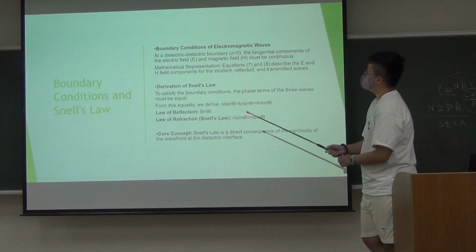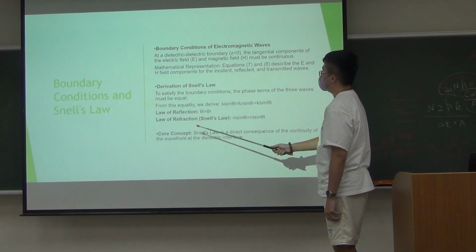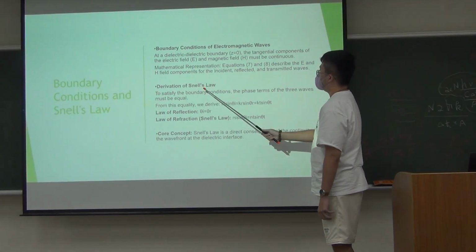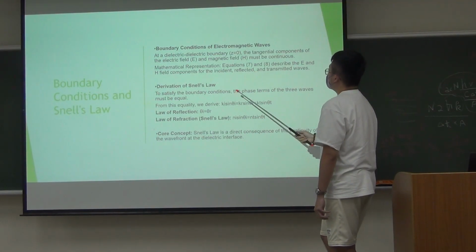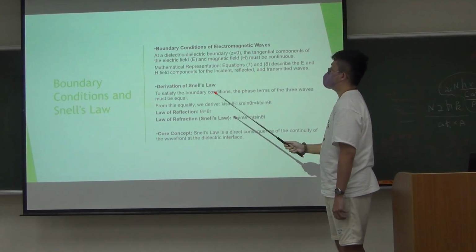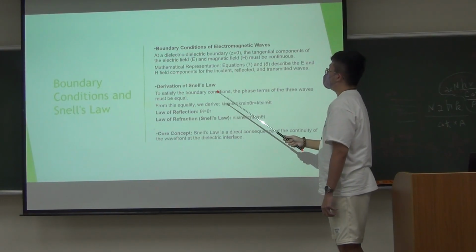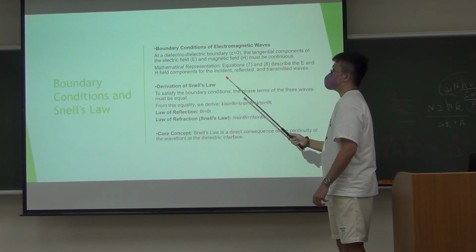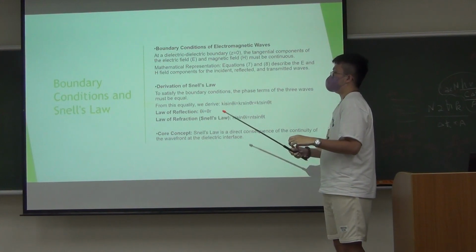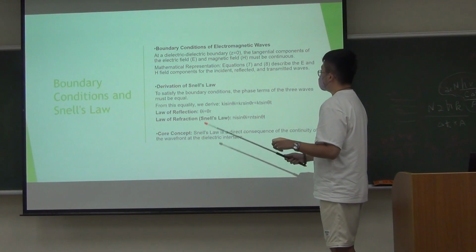On the first page, I'm going to introduce Snell's law. The first restriction is that the wave needs to go through from N1 to N2, and N1 must be bigger than N2.